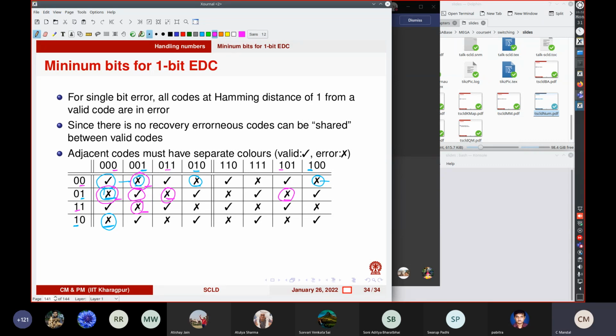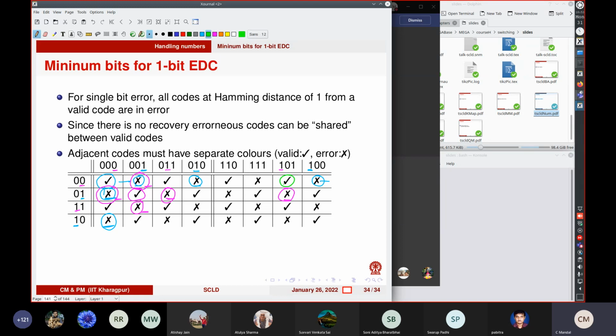So now you can pick up a code that is usable. A possible code could be this. This is also a possible code, also a good code.